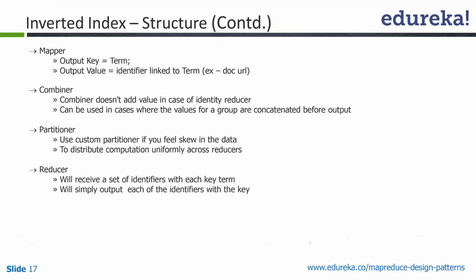If you end up with skew in the data with a hash partitioner, the default partitioner, then you might be in trouble. So in cases where you know there is definitely a skew in the data, or you have done some statistical analysis on this data before giving it to the inverted index, then it makes sense to write your own partitioner.